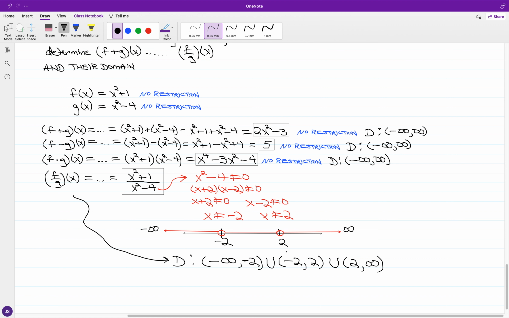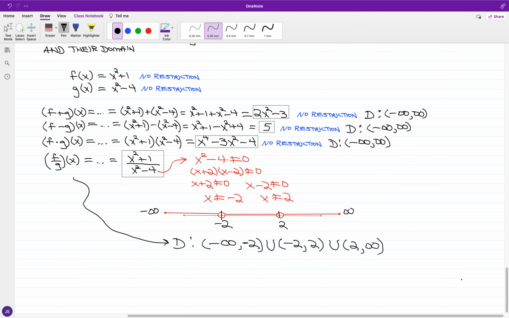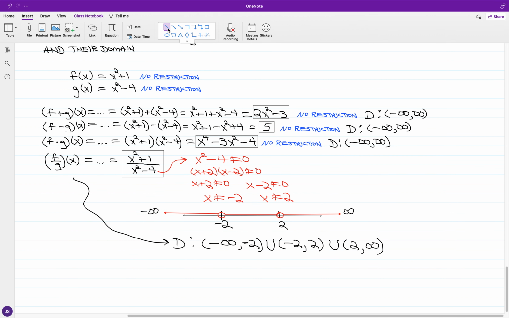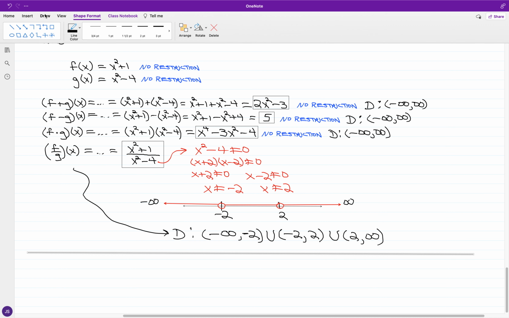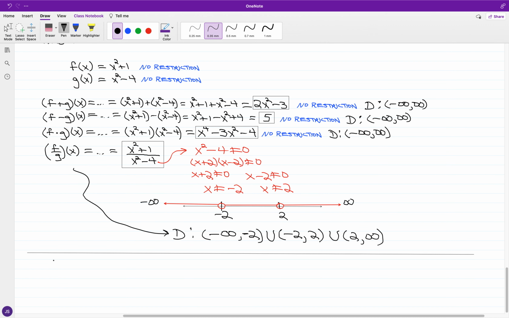All right, and just sort of providing a certain degree of separation among the operational functions, say you're looking at just the domain.